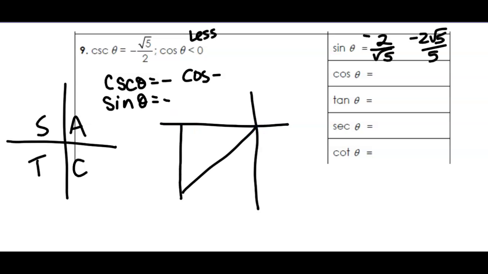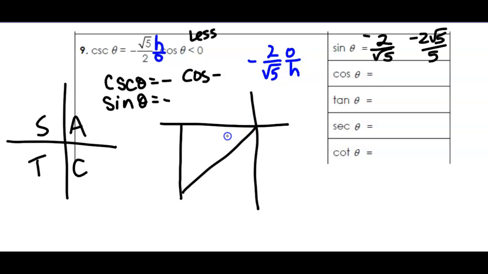All right, so in quadrant 3, the cosecant would be the flip of sine. So this was sine, so cosecant is hypotenuse over opposite, or the sine is opposite over hypotenuse.